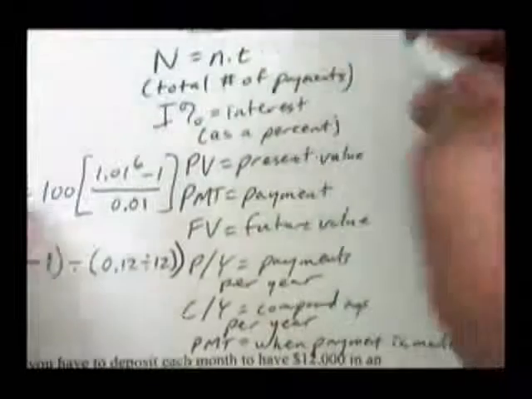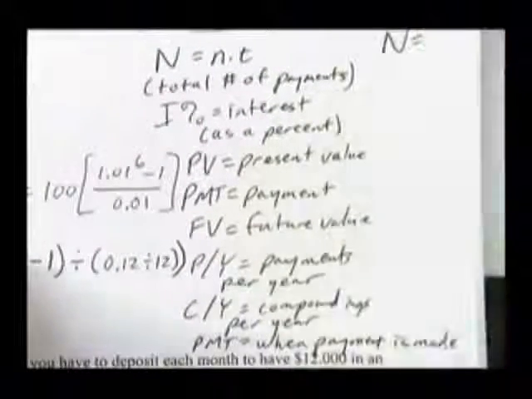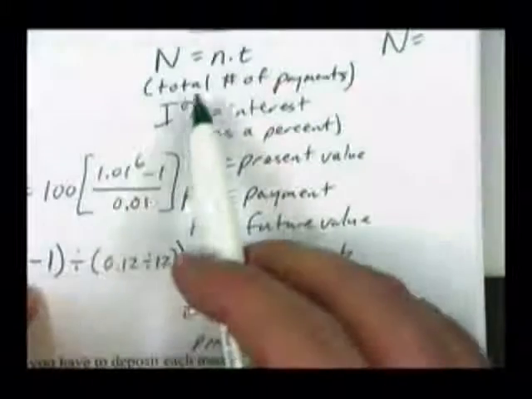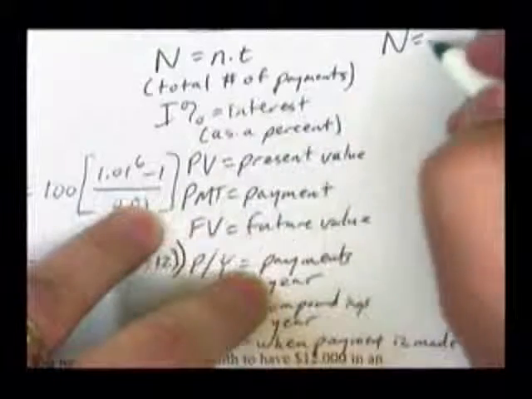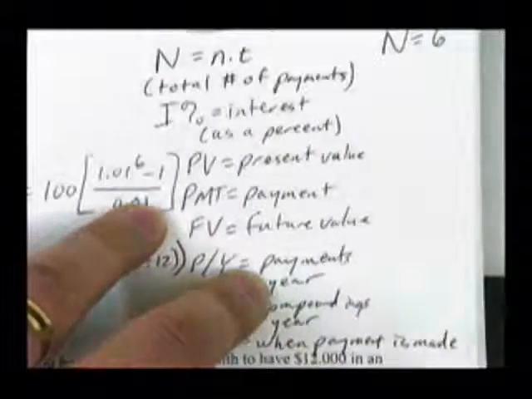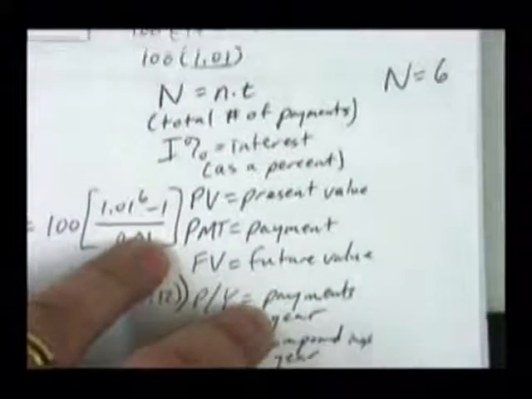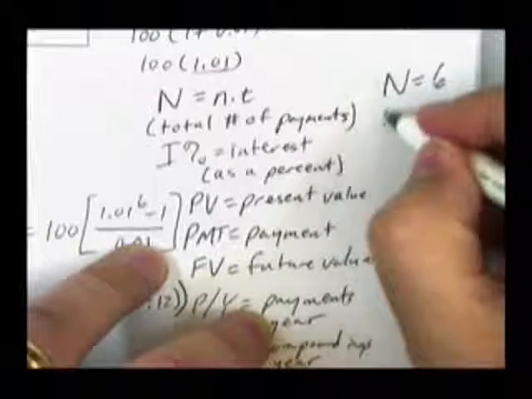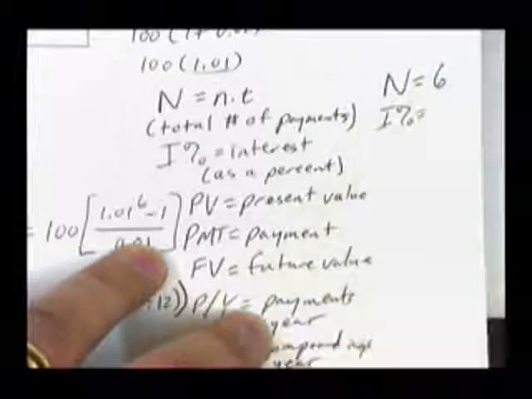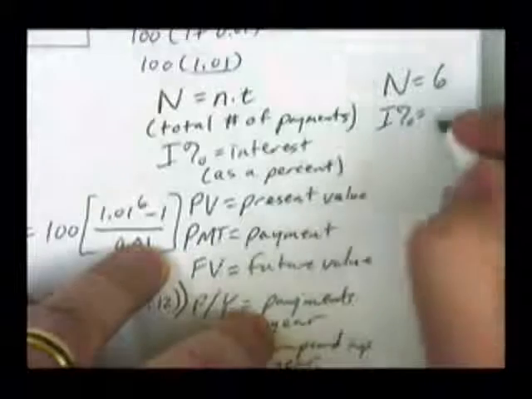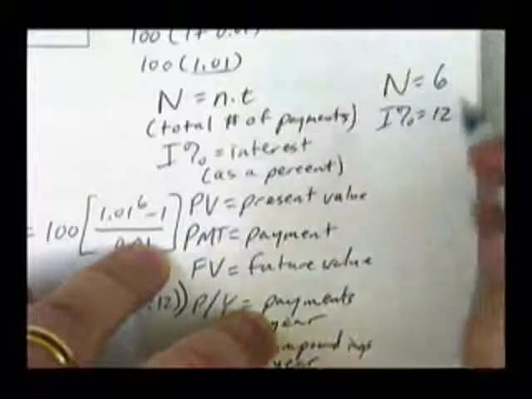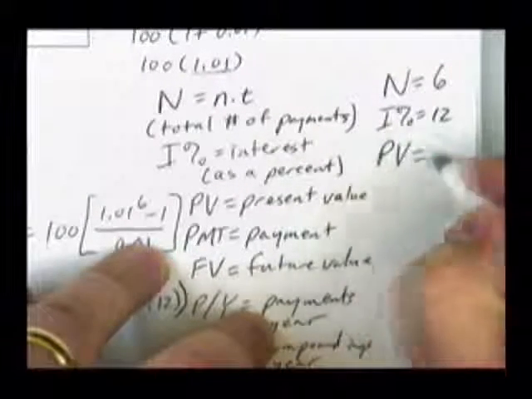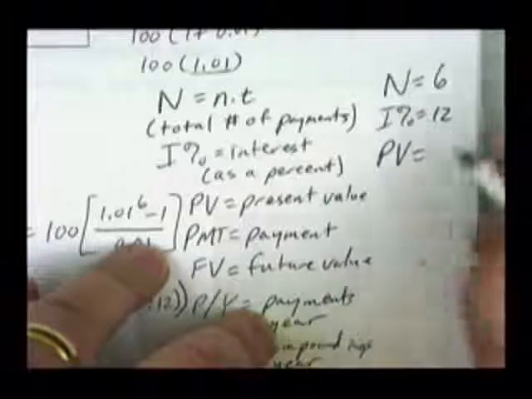So let's figure out what we have for the variables for this problem. Our N, our total number of payments, is 6, because we're dealing with 6 months. Our interest is 12%, so I just put in a 12. My present value, how much I'm starting with, is nothing.